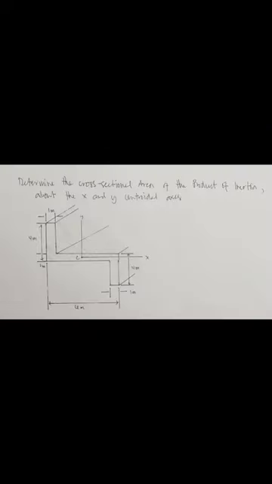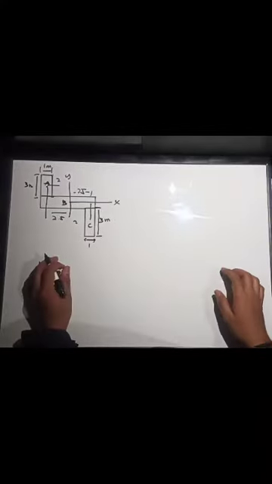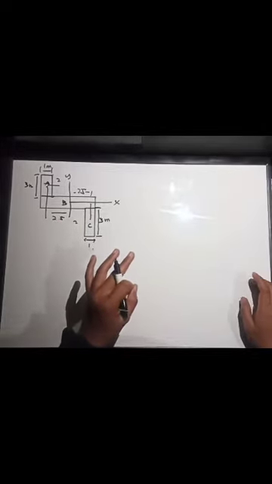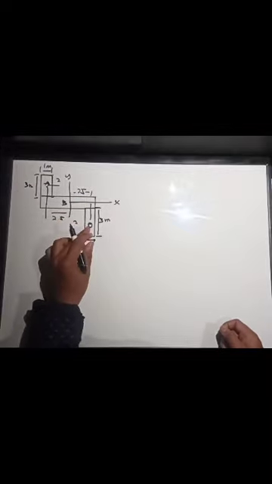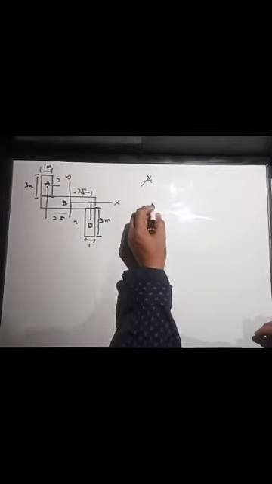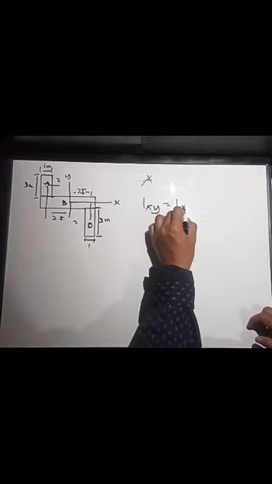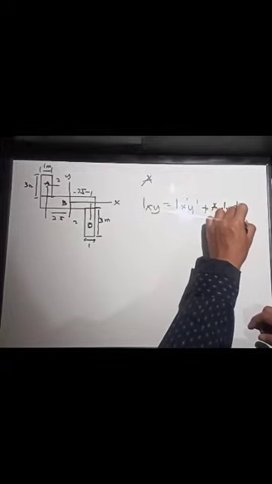Determine the cross-sectional area of the product of inertia about the x and y centroidal axis. So here at the next problem, the cross-section can be subdivided into 3 composite rectangle areas, which is the A, B, and D. So for A, we have Ixy is equal to Ixy bar plus A dx dy.